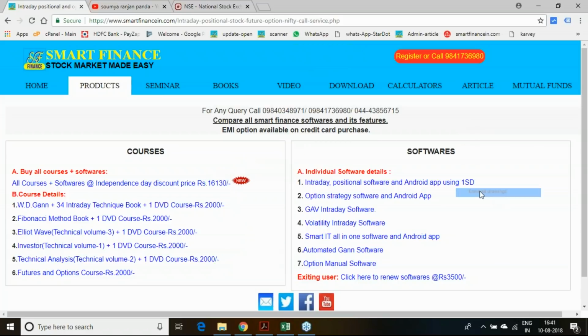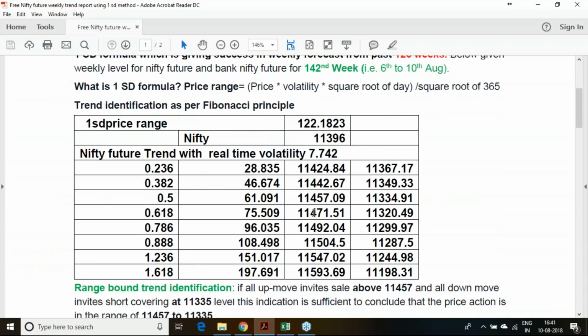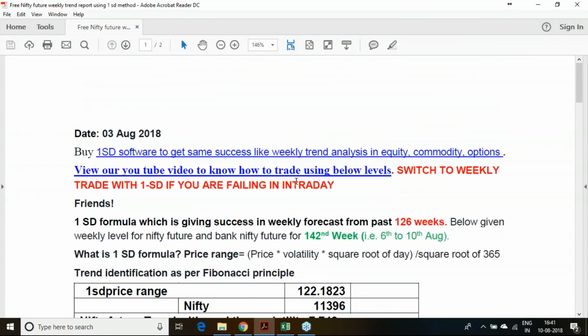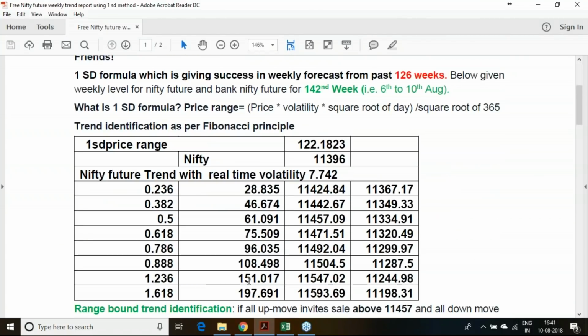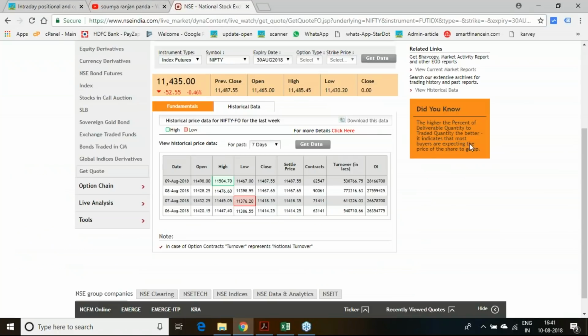So coming to the trend analysis, what we did last week and how it has performed. This report is being uploaded, though there was no video release. However, this report is generated and uploaded for you on 3rd August, and these are the Nifty levels we have given. So let us have a look at what Nifty has given.